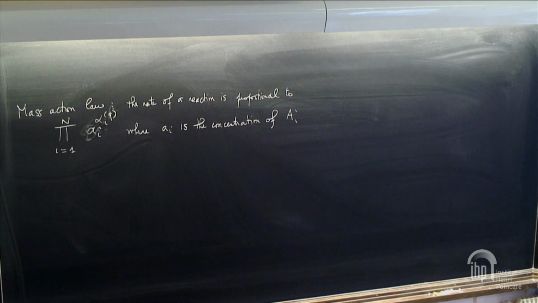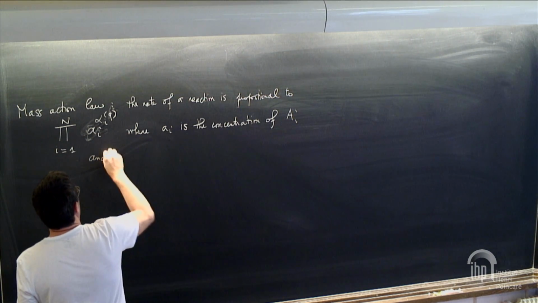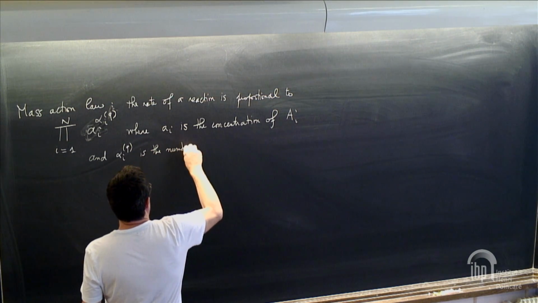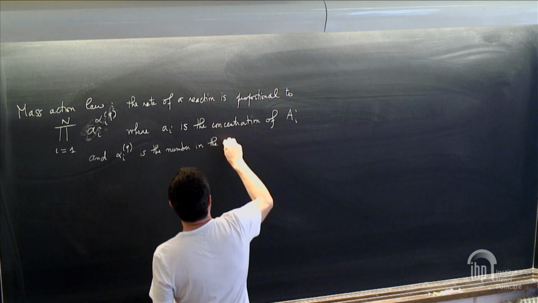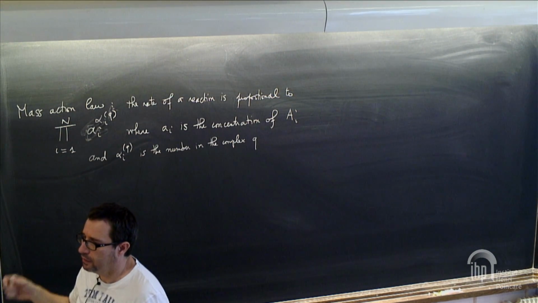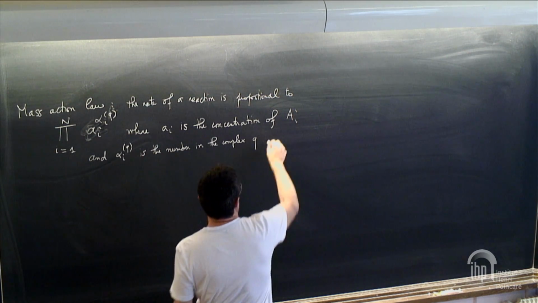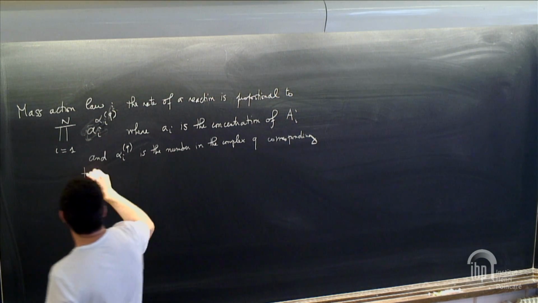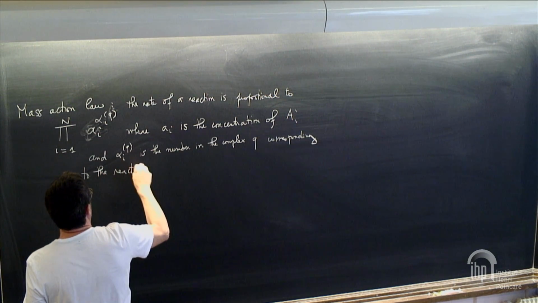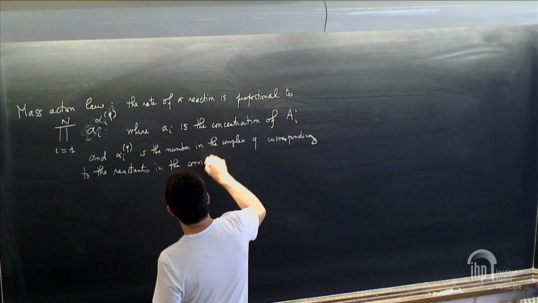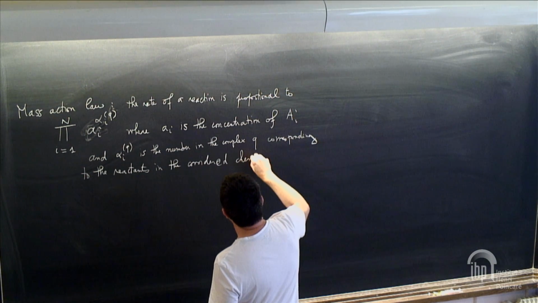Alpha_i,Q is the number in the complex Q, which is a complex appearing in the reactants in the chemical reaction, in the considered chemical reaction.